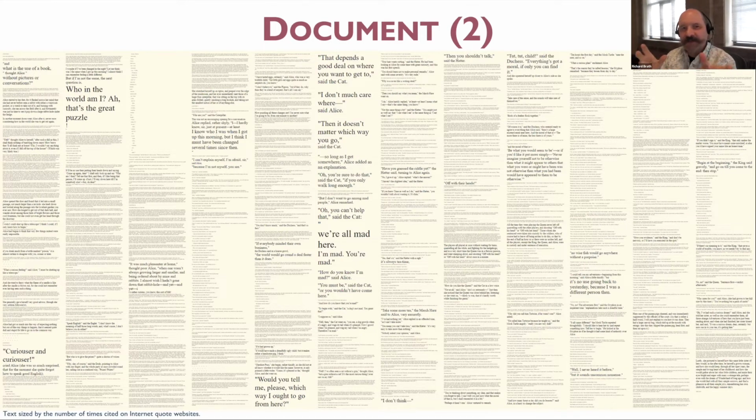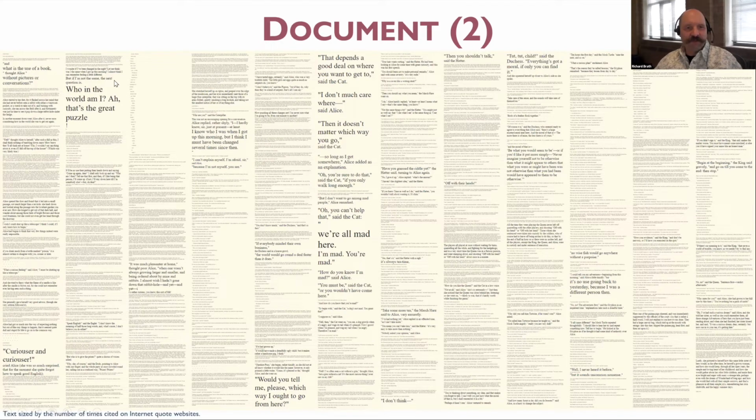I collected 200 different quotes, and basically, if the quote occurs in the text, the words go up one step in font size. So the text that is most heavily quoted is going to be the largest here. Text that isn't heavily quoted is super tiny and you can't read it, but text that is super popular on the internet is "curiouser and curiouser," for one example. So this is how the internet votes on Alice as to what the most famous parts are.